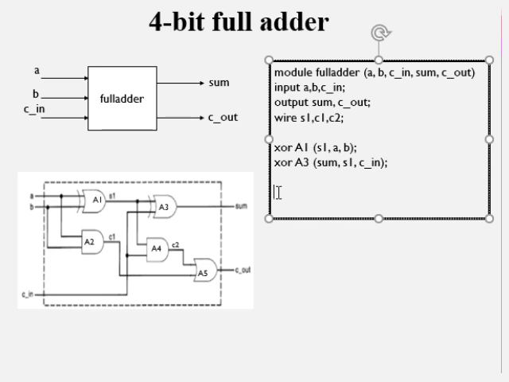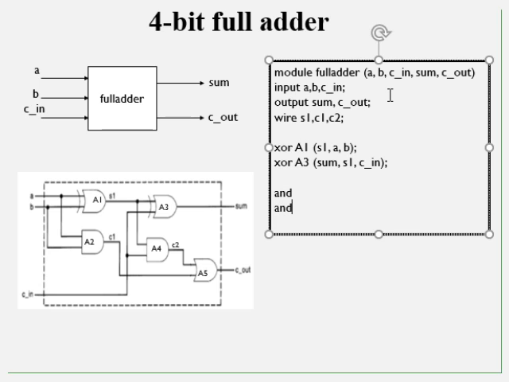There are two AND gates. The first AND gate is A2 and the next AND gate is A4. Now, how do we instantiate the ports here?